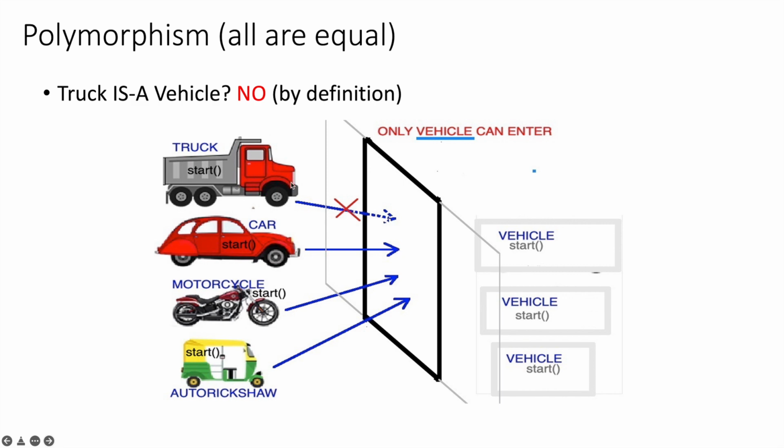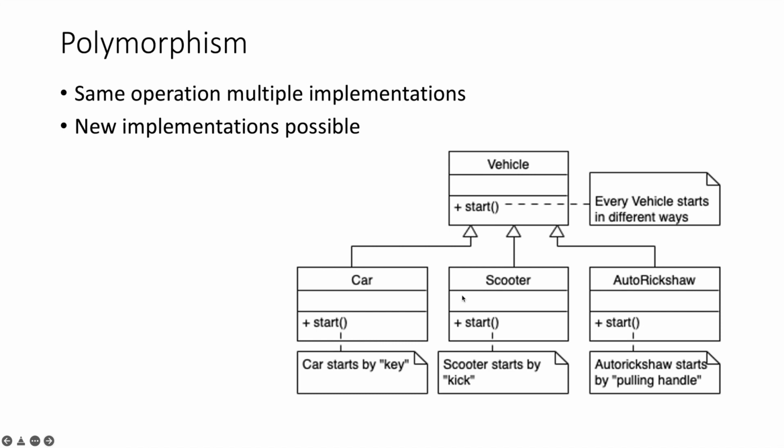Surprisingly, the diagram shows a truck cannot enter. Why? A truck is also a vehicle. This door should have allowed the truck to enter, because a truck is also a vehicle. Again, remember our introduction session. Even though in our day-to-day life we call a truck a vehicle, we should always go by our model.